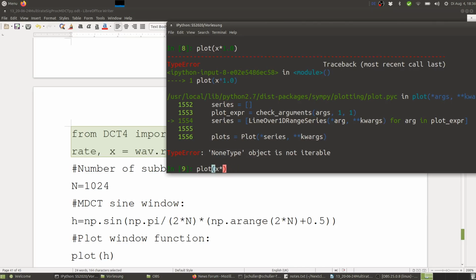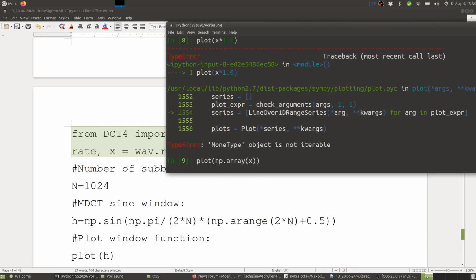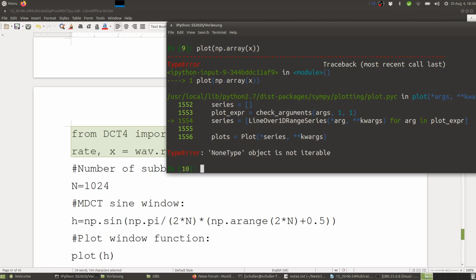Okay. Maybe it's the array type. Let's see, np.array. Interesting. No. Huh, I give up. Strange.